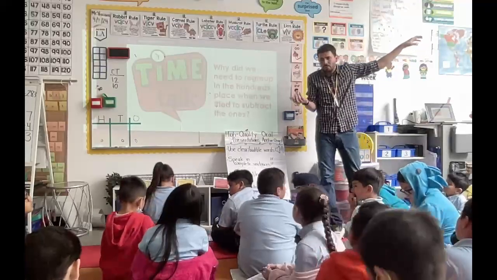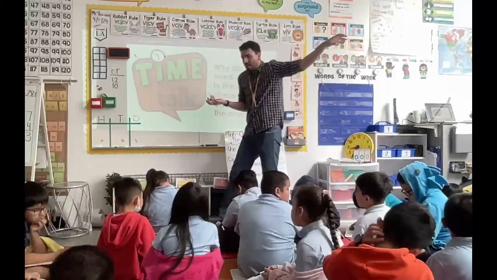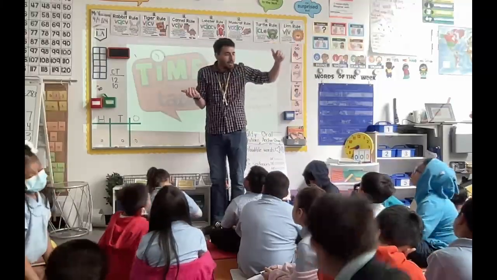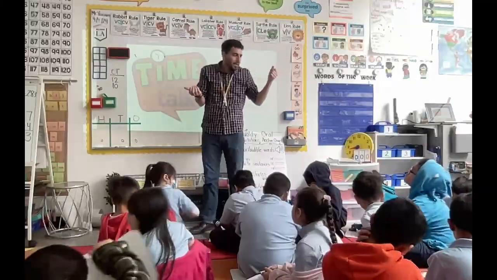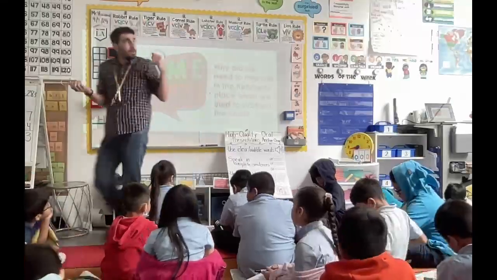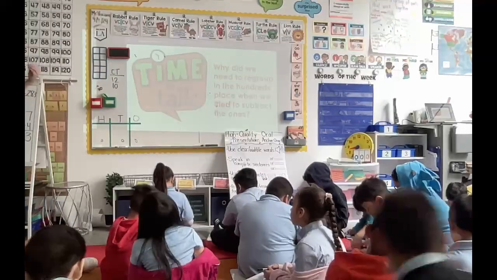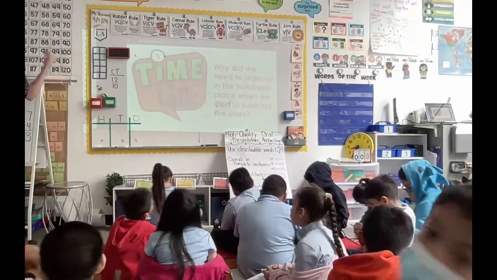Think about why we're doing that for these types of problems. And you're going to turn and talk and share that thinking with your neighbor. If your marker is on, cap it, because we're not needing them right now. We finished the problem. Why did we need to regroup in the hundreds place when we tried to subtract in the ones?